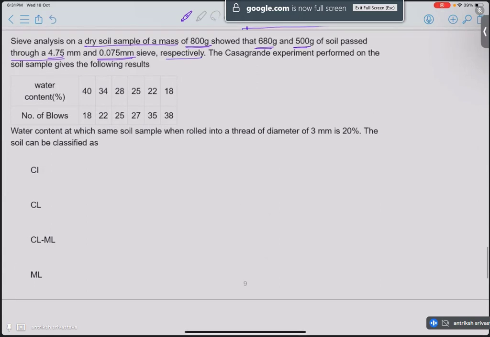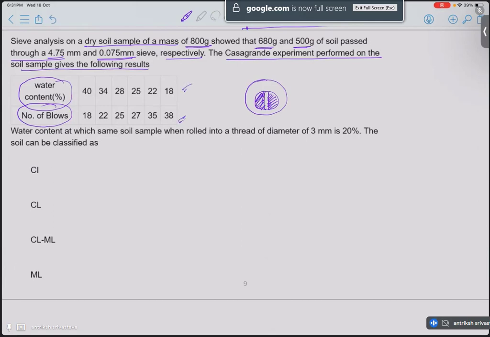The Casagrande experiment performed on the soil sample gave the following results. So we are given the water content and the number of blows in which the trench that we make in the Casagrande apparatus after putting the soil is closed.